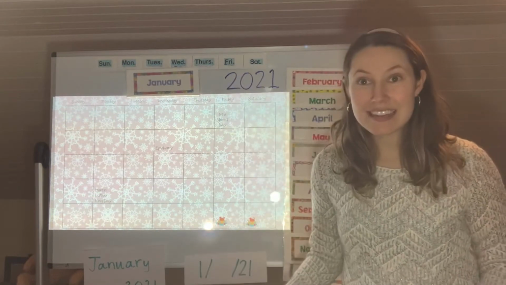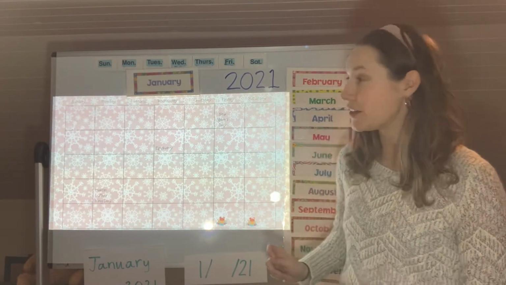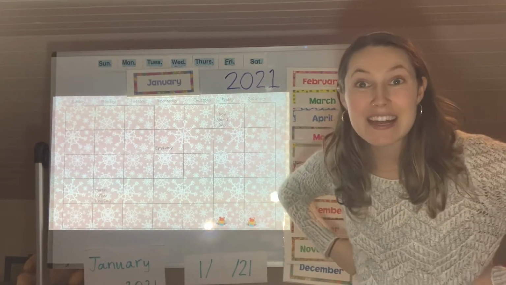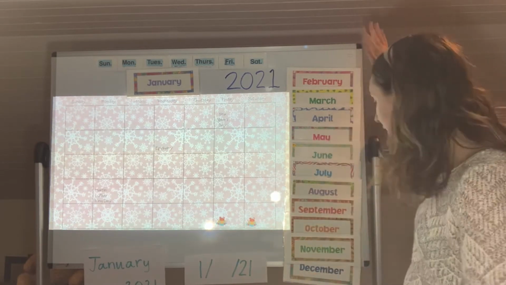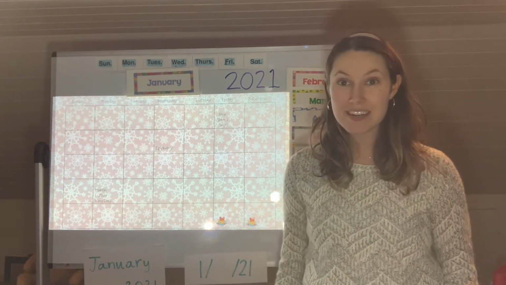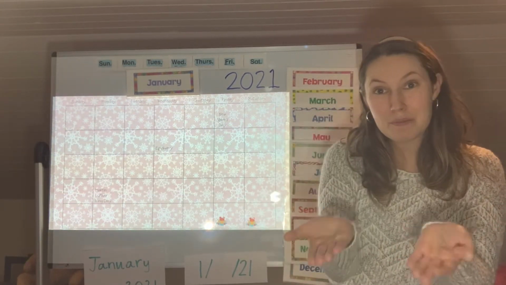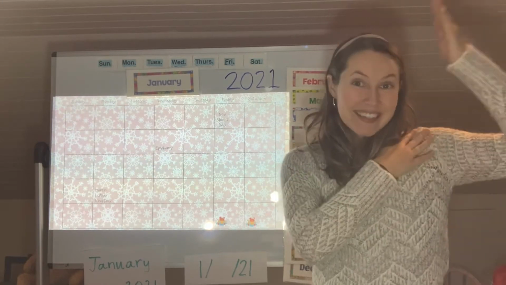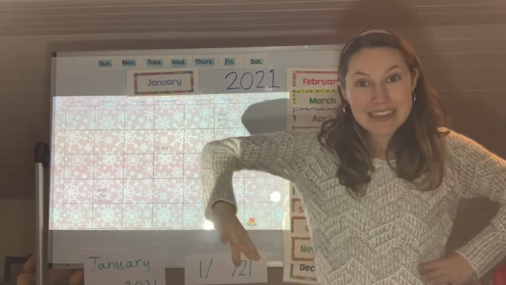Now the next thing that we want to do is change the year. If you usually write the year next to your month, we're going to have to be writing a new year. We are no longer in 2020. We went through all of the months, all 12 of the months, if we think of the months of the year song, January, February, March, and April, May, June, July, and August, September, October, November, December.